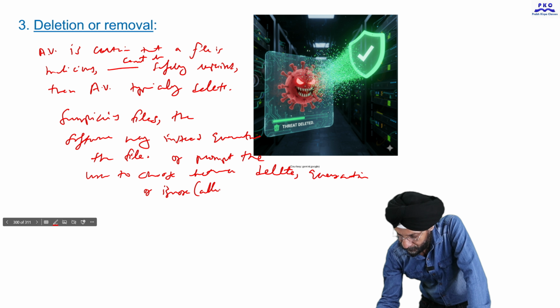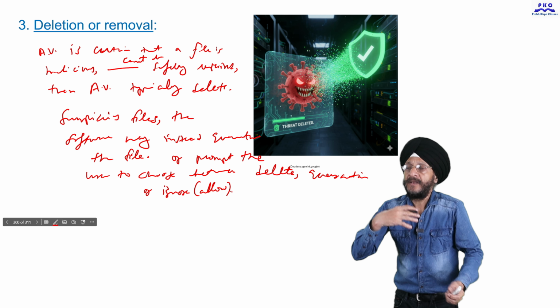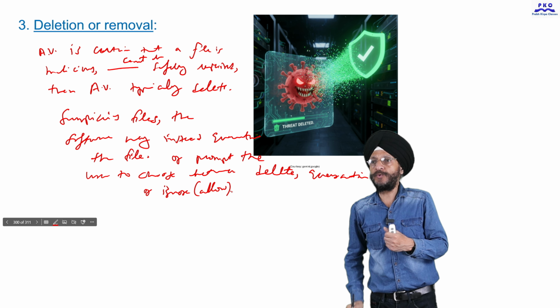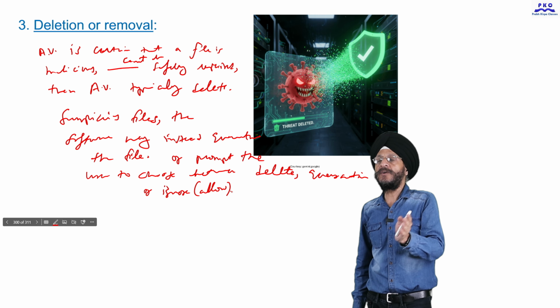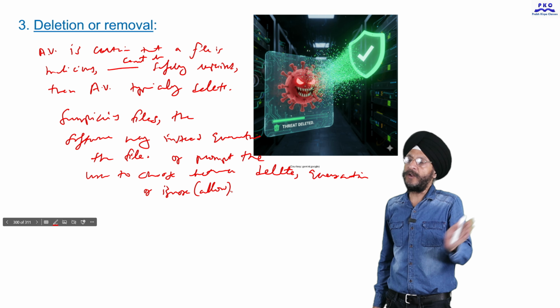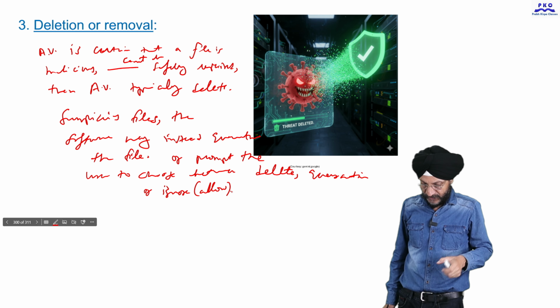Ignore means allow. It may give the option to the user whether to quarantine the file, whether to delete the file, or whether to allow the file to remain on the system.